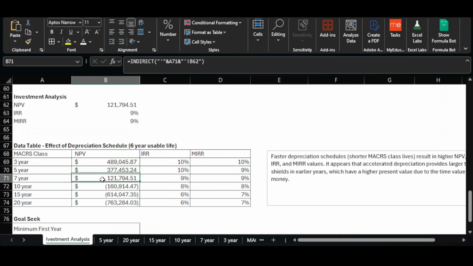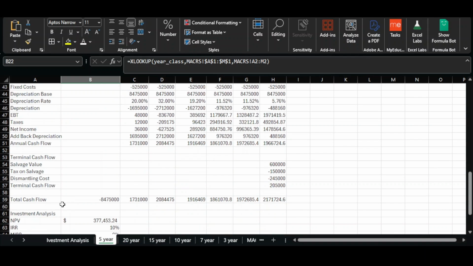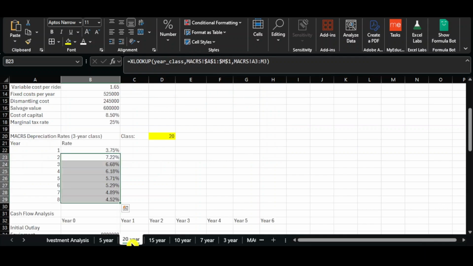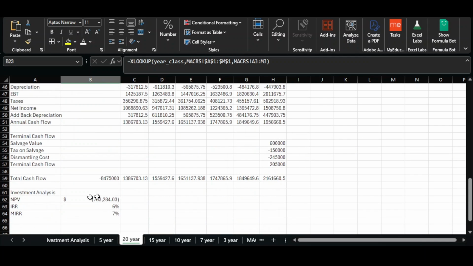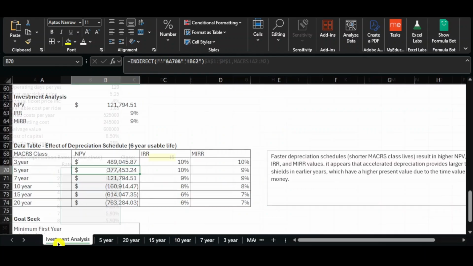And do the same thing for all. For the 5-year, you just go to 5-year and point it to the NPV of this 5-year, which is in B62 of every sheet. They will all be the same B62 range. Okay, so 20-year, it's in B62, and so on. 15-year, it's in B62.